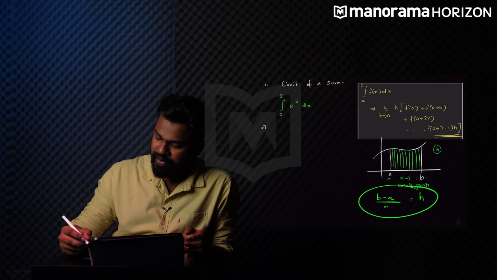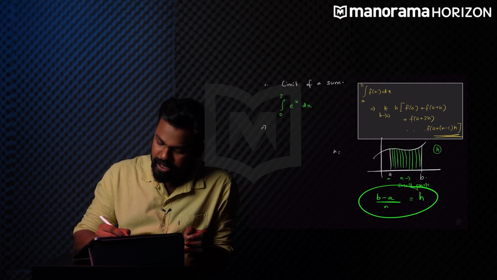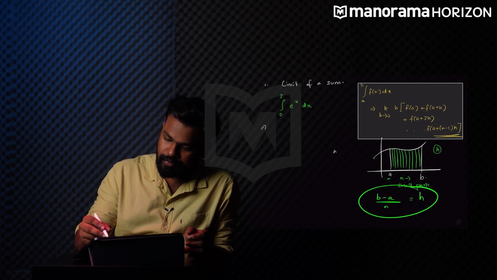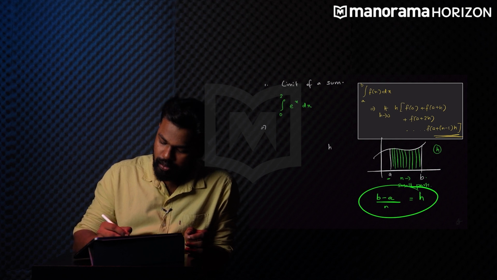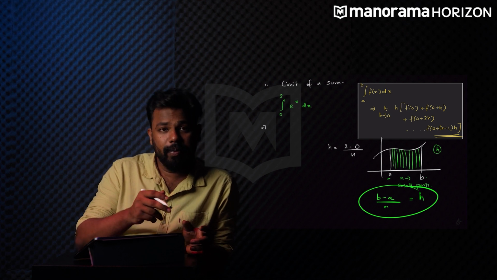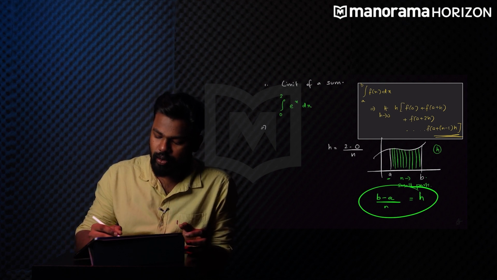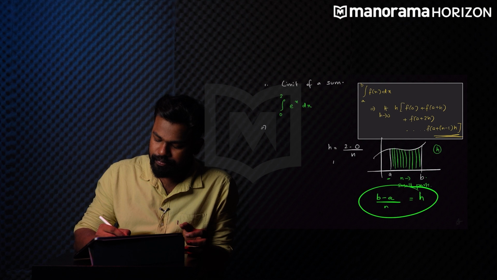So, what is h? Let's find out h here. So, h is equal to b minus a by n. What is b here? h is equal to 2 minus 0 by n. That is, you can see the upper limit is 2 and the lower limit is 0. So, 2 minus 0 by n. So, h is equal to nothing but 2 by n. So, this is the value of h.